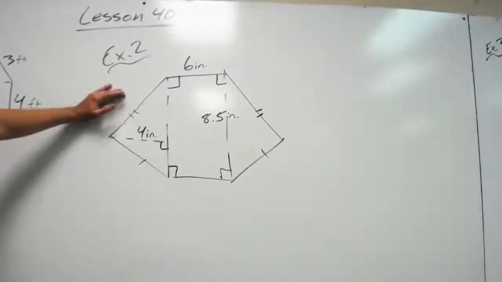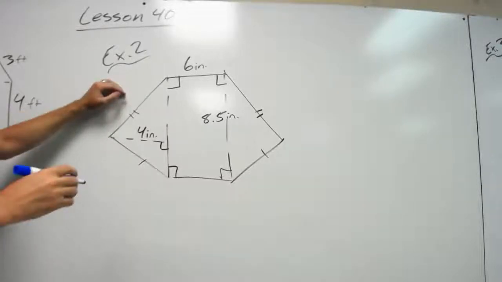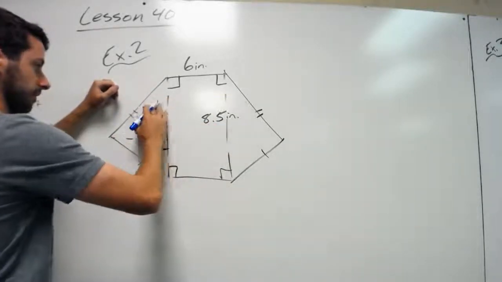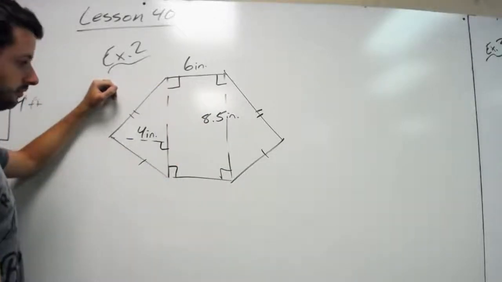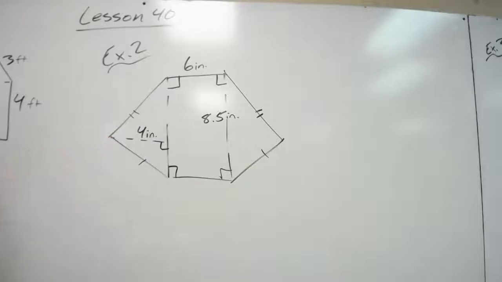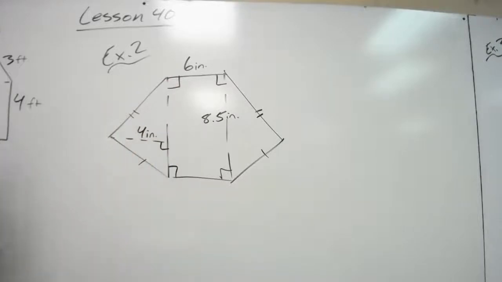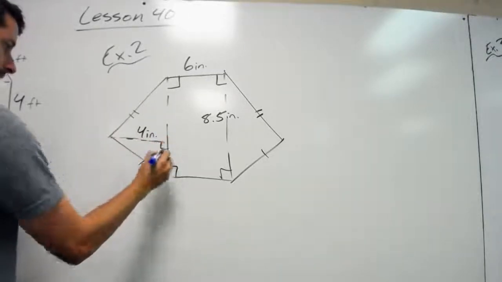So if we're finding the area of this composite figure, what I need to do is find the area of this triangle, and this rectangle, and then add them all together. So the first thing I'm going to do is find the area of this triangle. Well, 4 inches right here, notice this is perpendicular.